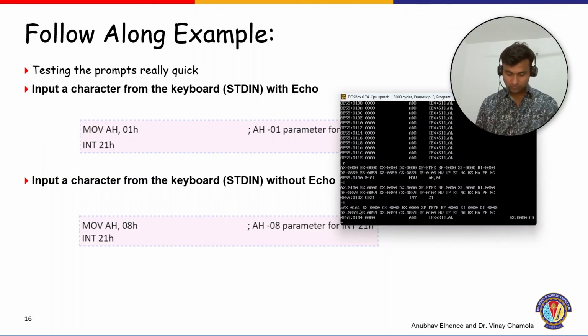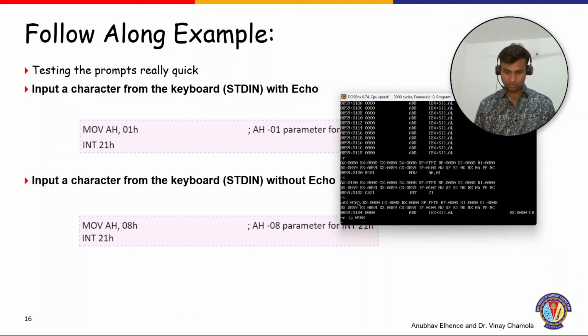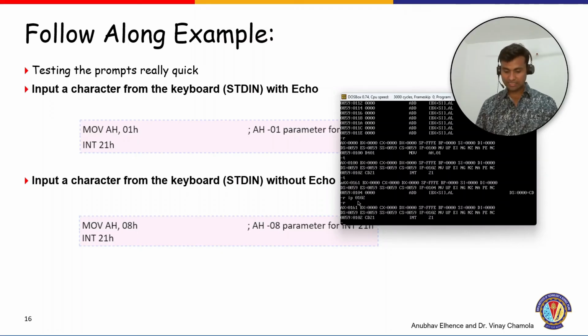If I take my instruction pointer back, let me do it by RIP, and take it back to the point 0102. The next instruction would again be raising that interrupt.